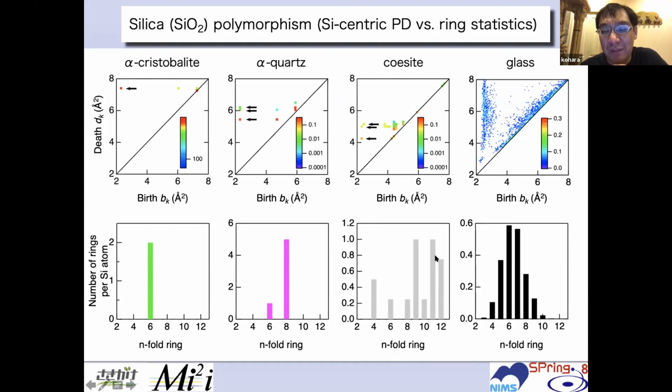So this is very large, but very distorted. That's the reason why we cannot see a large value in this case. This 12-fold ring has a very funny shape. I don't have a real configuration now, I cannot show it, but the ring is very twisted. I got it. Thank you.